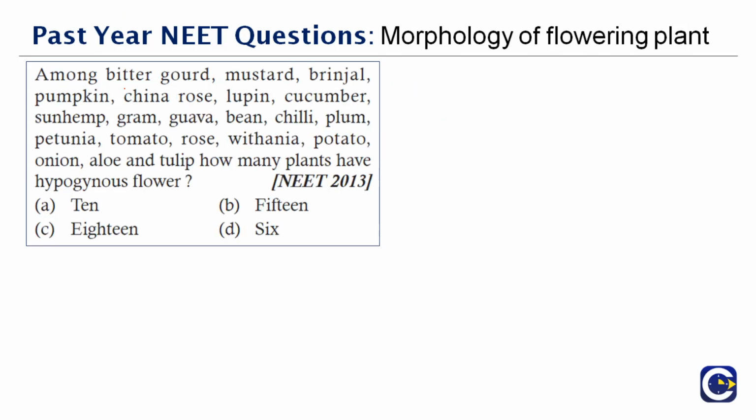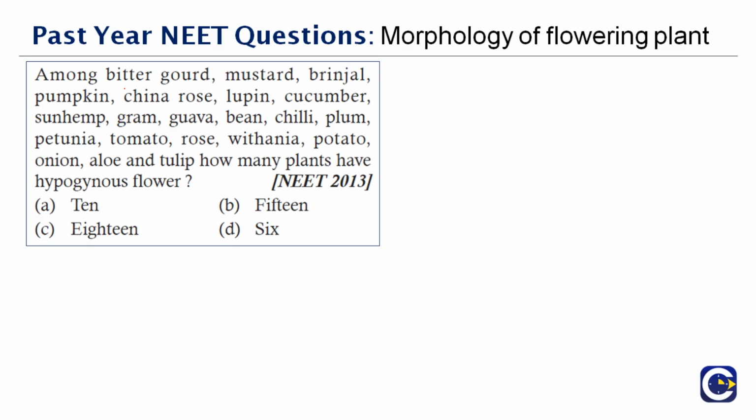Okay, next question here. Among bitter gourd, mustard, brinjal, pumpkin, China rose, lupin, cucumber, sun hemp, gram, guava, bean, chili, plum, butania, tomato, rose, withania, then you have potato, onion, aloe, and tulip.